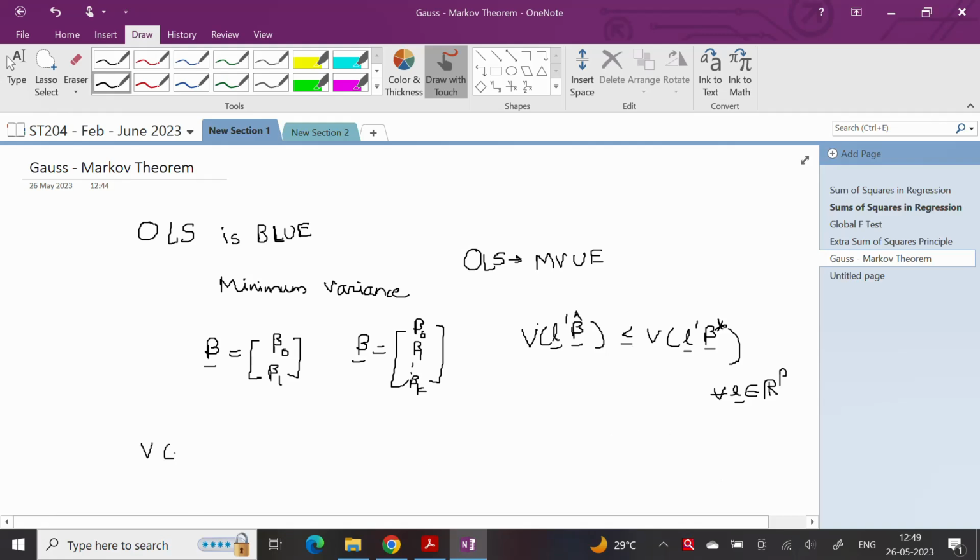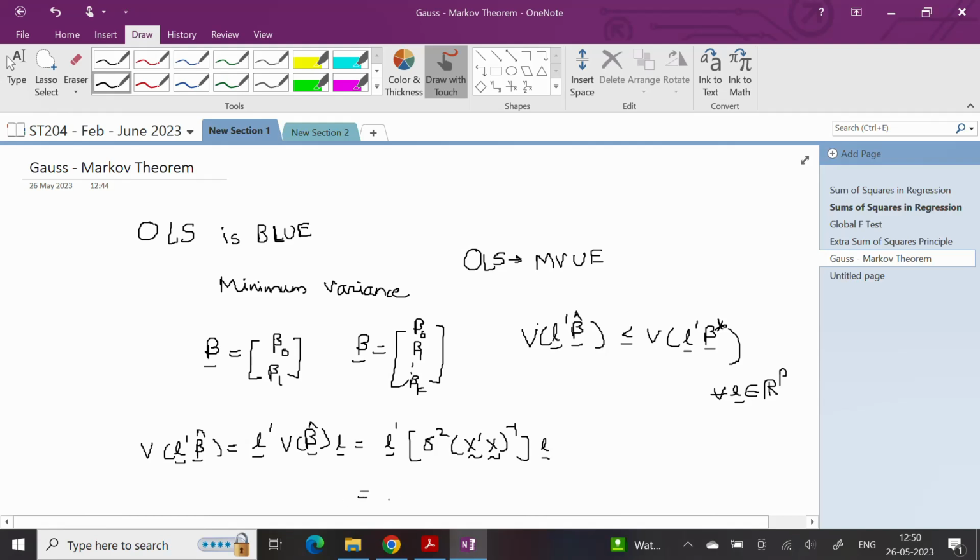Now, what is variance of L prime beta hat? We know from the multivariate theory, it is L prime variance of beta hat into L. Variance of beta hat we know is sigma square x prime x inverse, correct?